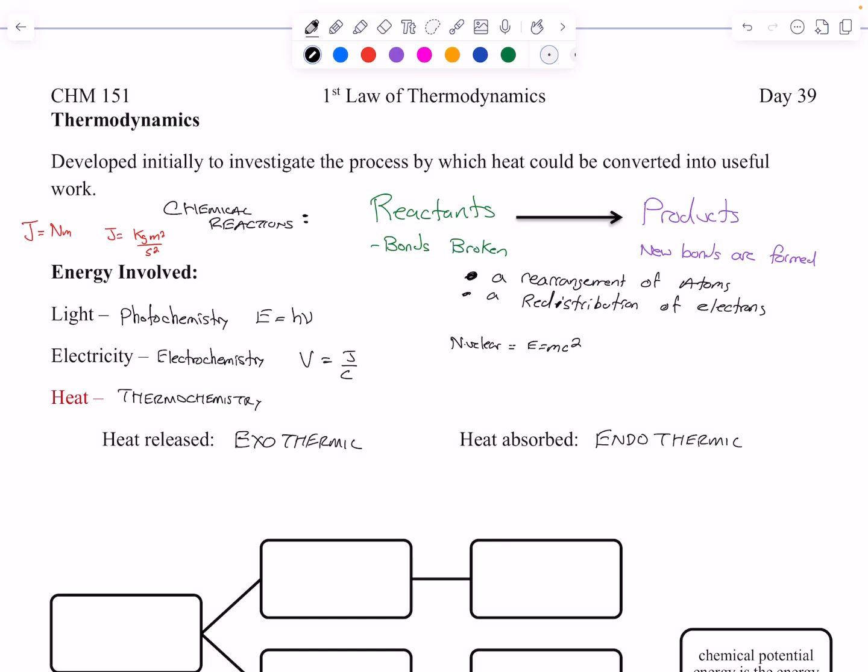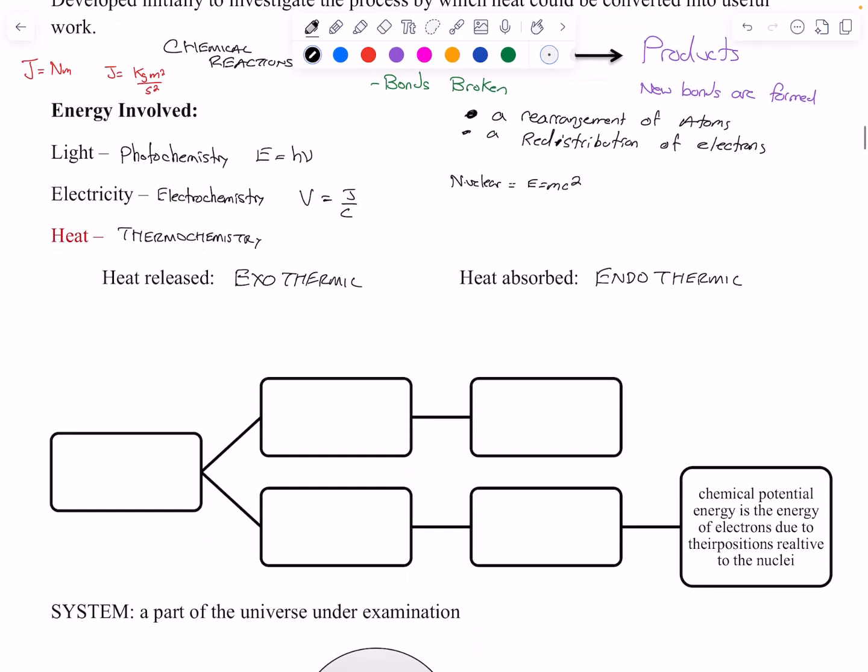All right. So we talk about energy here. There's two basic forms that we talk about: kinetic and potential. All right? Kinetic and potential. And so kinetic, you think motion.